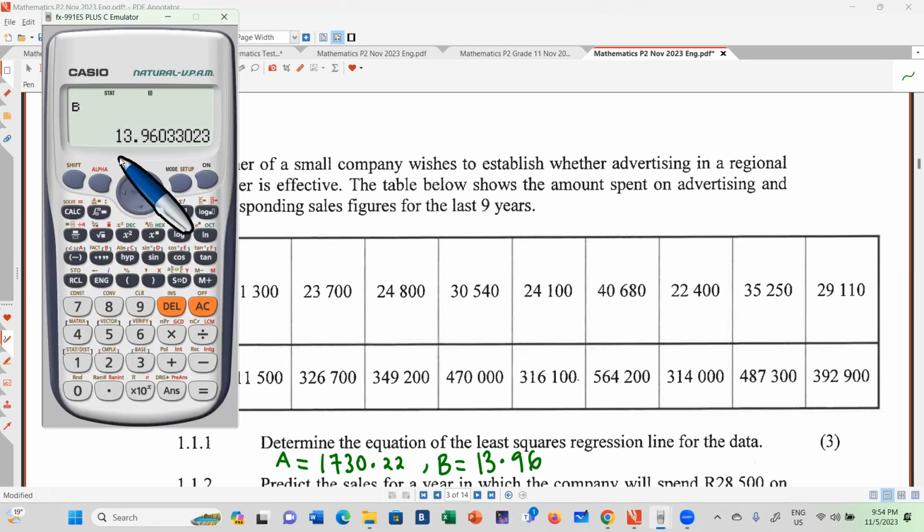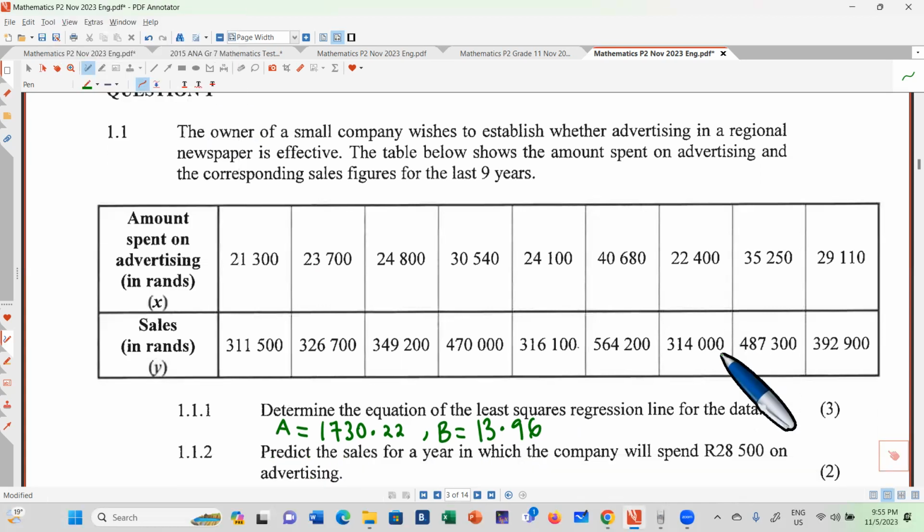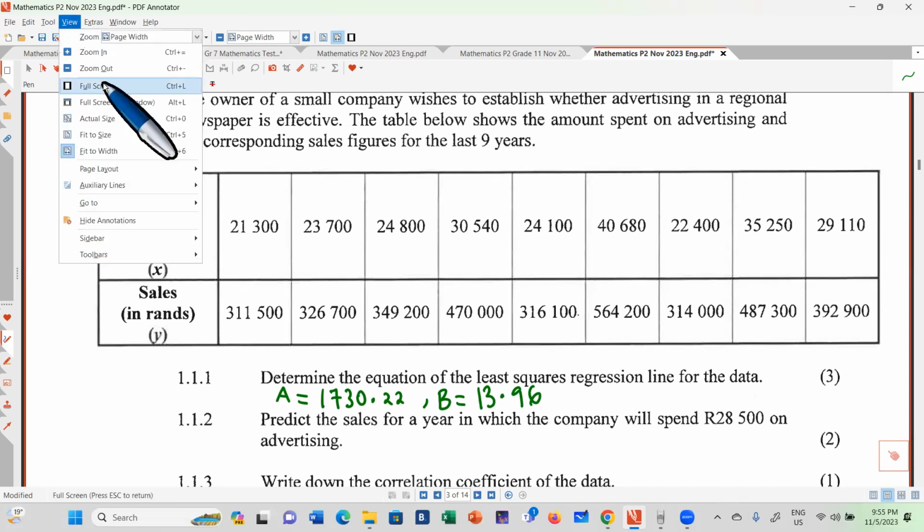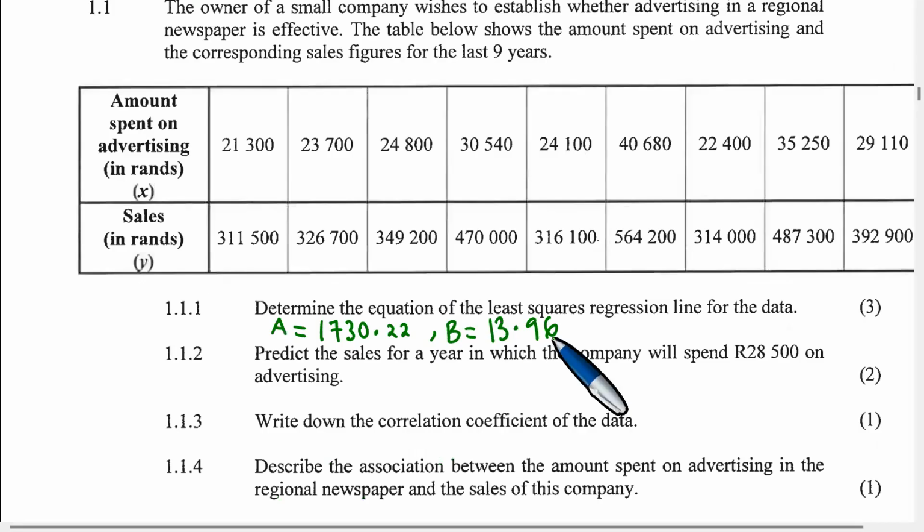When you've seen that B is 13.96, then what is the least squares regression line? After we got A and B, we're done. We can maximize our screen like this.